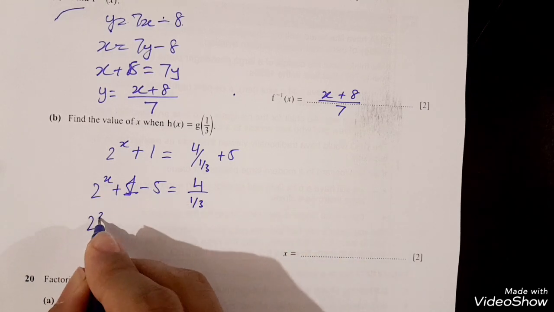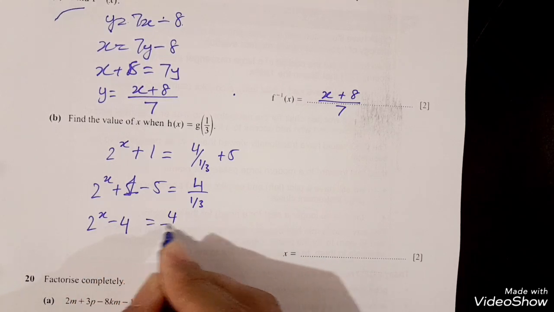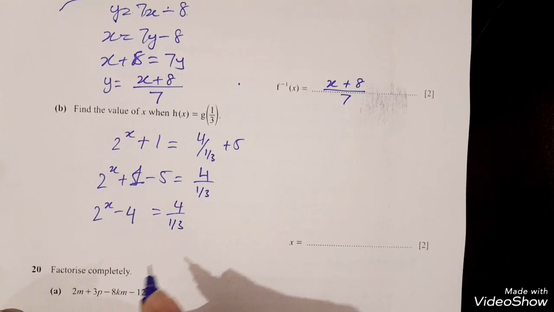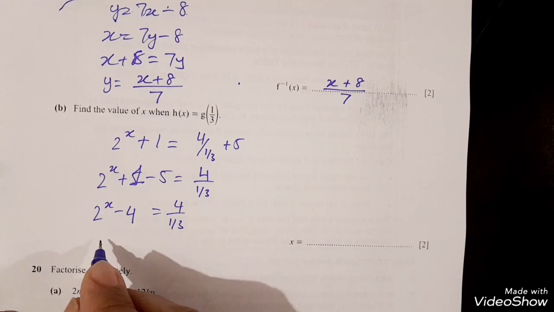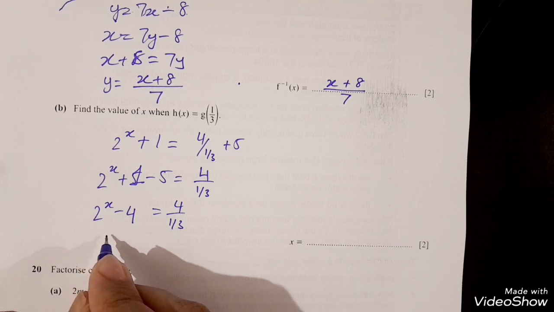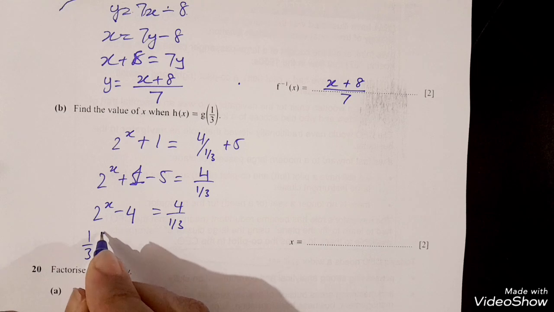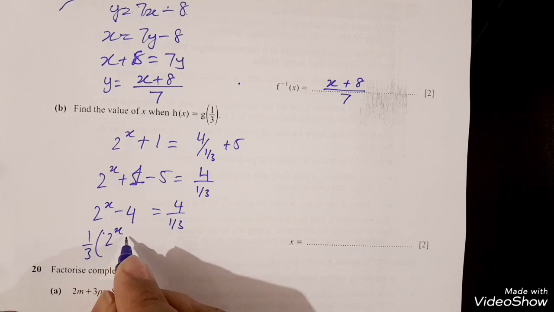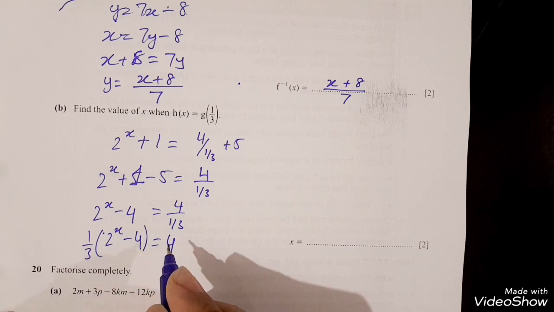So 2x minus 4 is equal to 4 over 1 over 3. So when we move this over there, it will be 1 over 3 into 2x minus 4 is equal to 4.